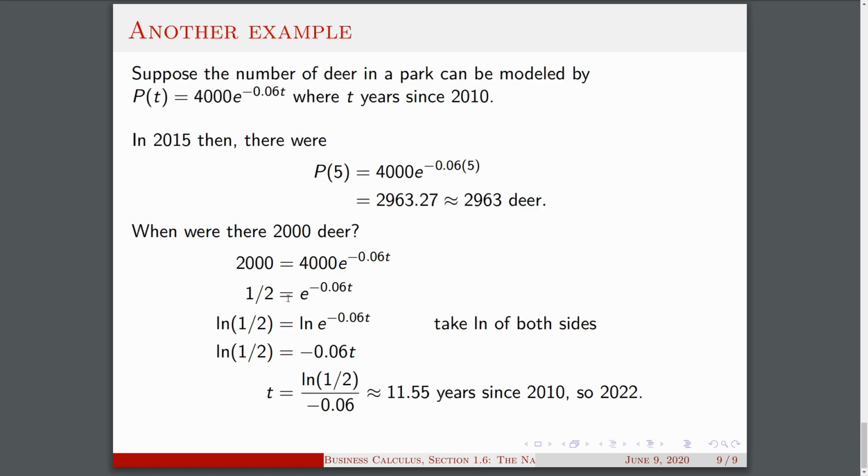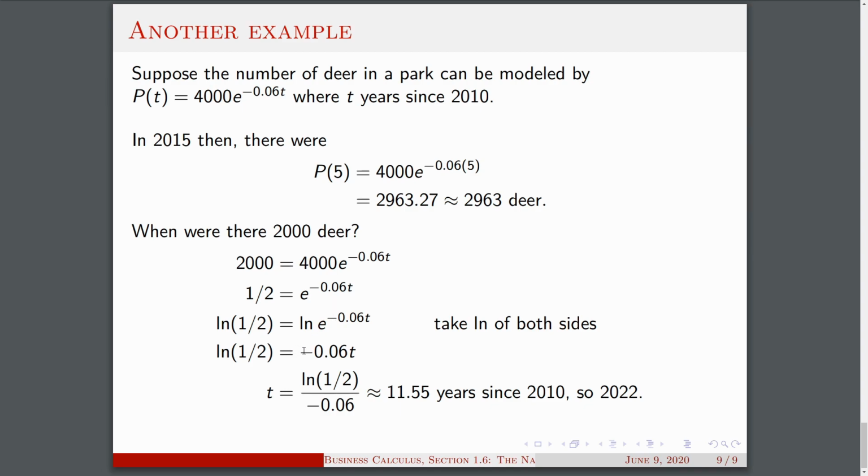Now I have a situation where I have an exponent that I need to bring down, and so I take log of both sides. I take ln of both sides. So I write ln, and make sure that I have parentheses around my 1/2.